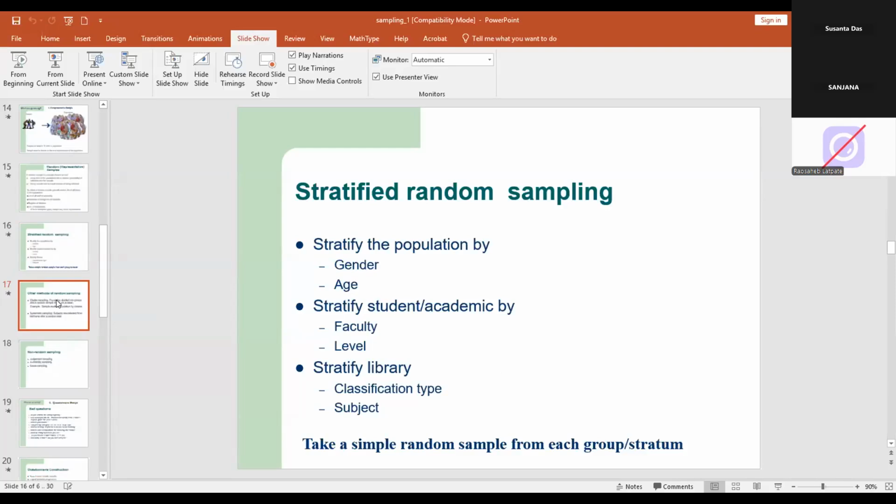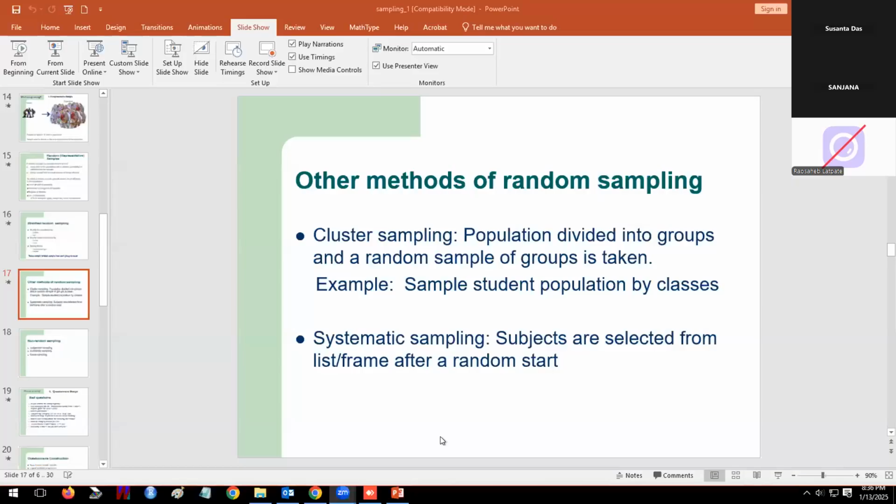Excuse me, sir. I think you need to share your entire screen. You can stop here and share your entire screen again. Just wait, I will stop. I think you shared only the tab, so that's why it is not represented. Now is 17 visible? Now make the PowerPoint PPT on.